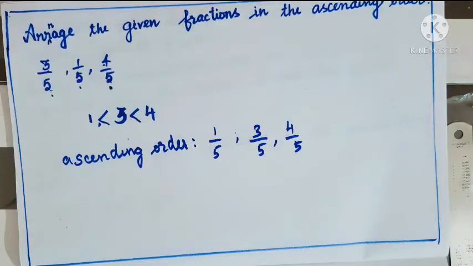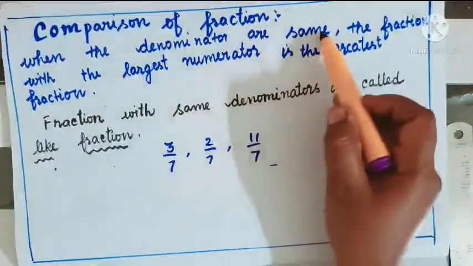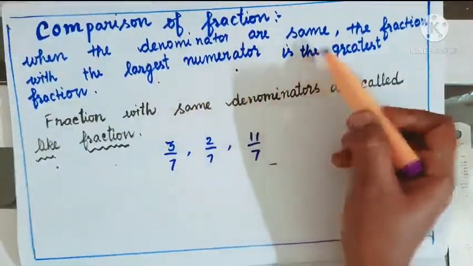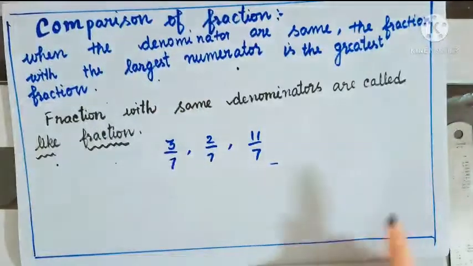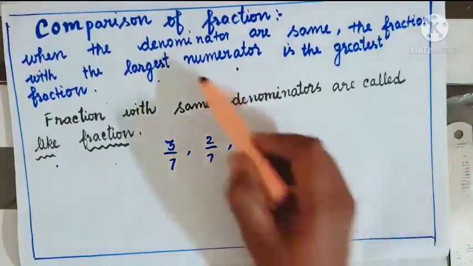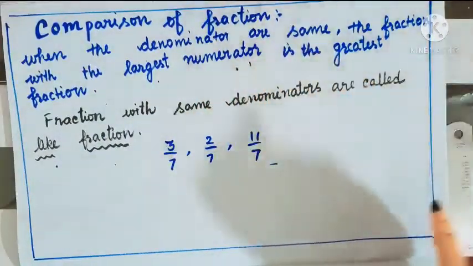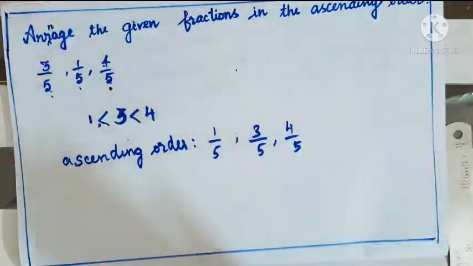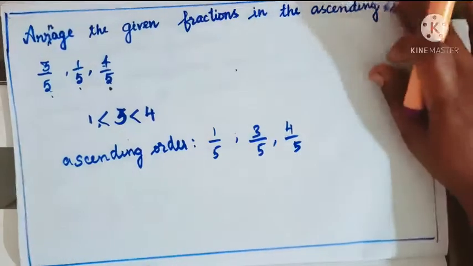Understand? Here the rule is what? We studied the rule. When the denominators are the same, the fraction with the largest numerator is the greatest fraction. Understand? The largest numerator will be the greatest number. Here which is greater? 4 by 5 is greater. Greatest. Is it clear? Yes.